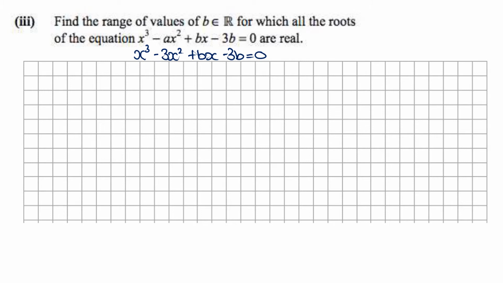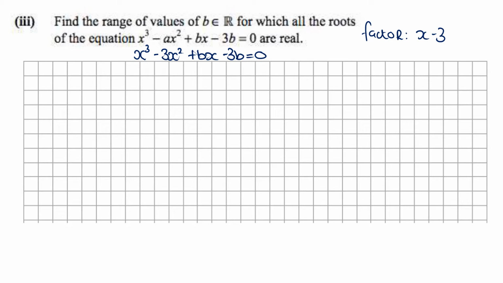So what we do know about this is x minus 3 is a factor. I've already said that x equals 3 is not going to help us. If you want to try it, if you don't believe me, that's fine too, and you'll see that it doesn't give us anything, everything just cancels.